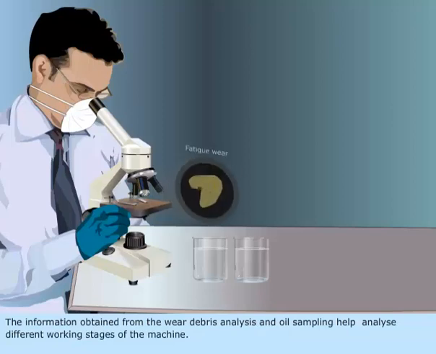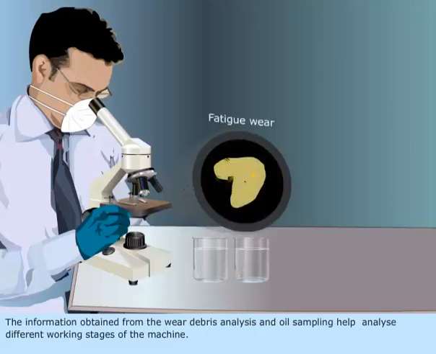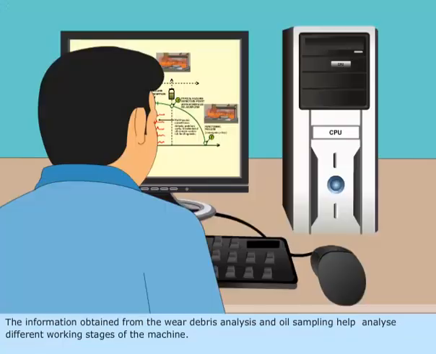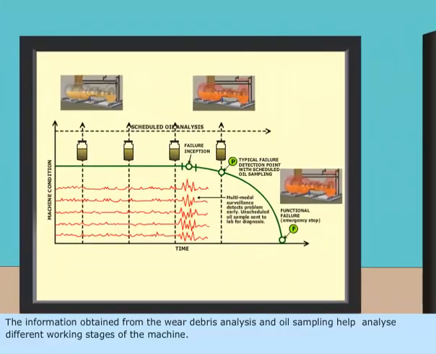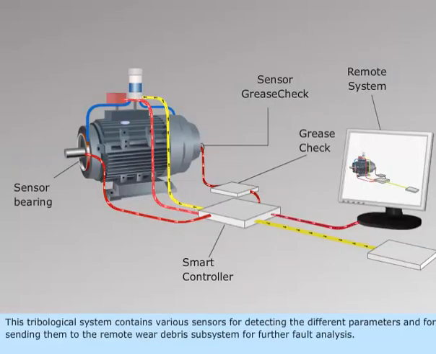The information obtained from the wear debris analysis and oil sampling help analyze different working stages of the machine. This tribological system contains various sensors for detecting the different parameters and for sending them to the remote wear debris subsystem for further fault analysis.